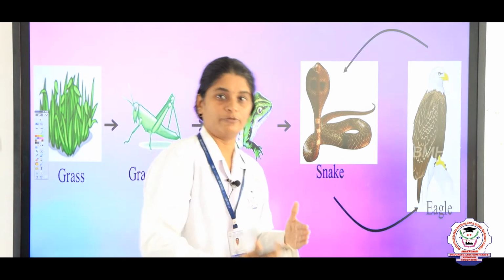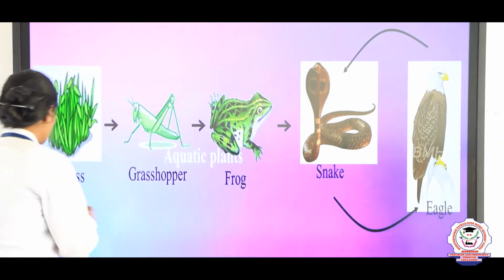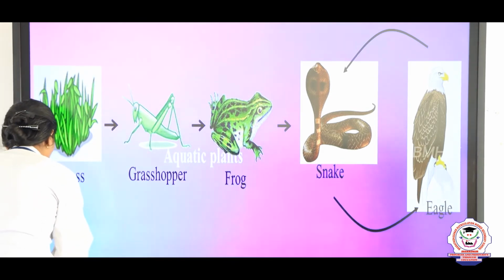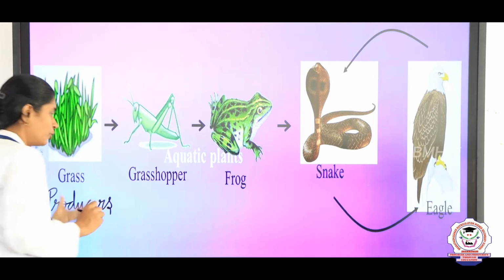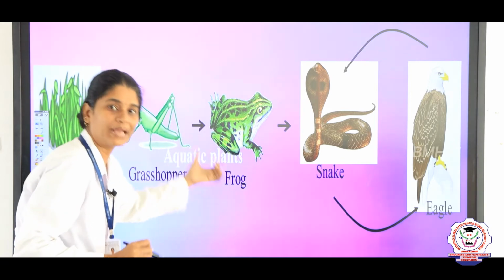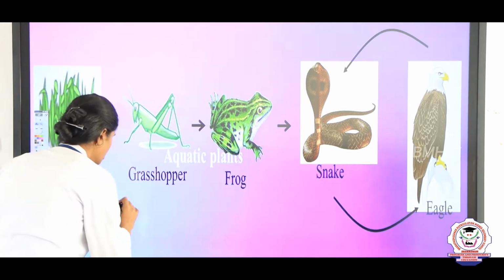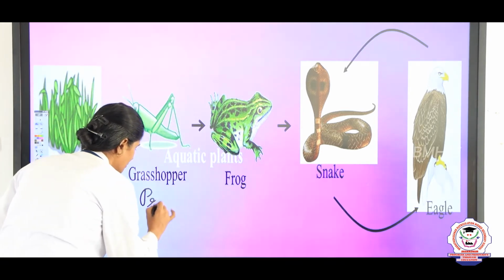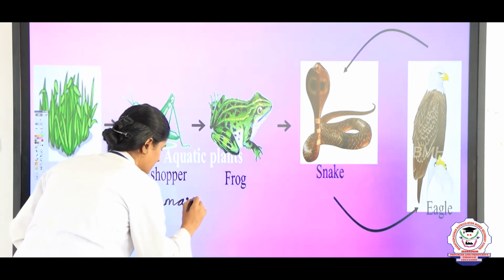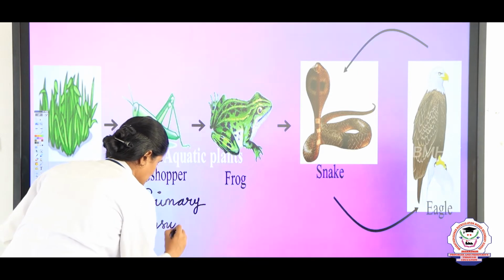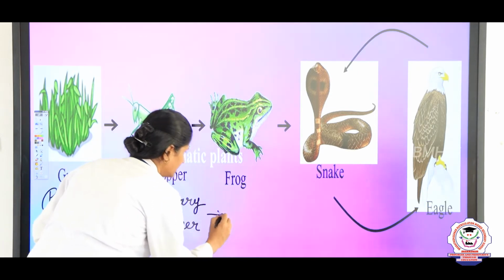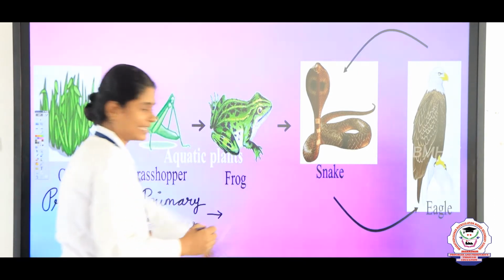That's why they are called producers. These producers are eaten by the primary consumers. So the grasshopper is a primary consumer, and this primary consumer is eaten by a secondary consumer.